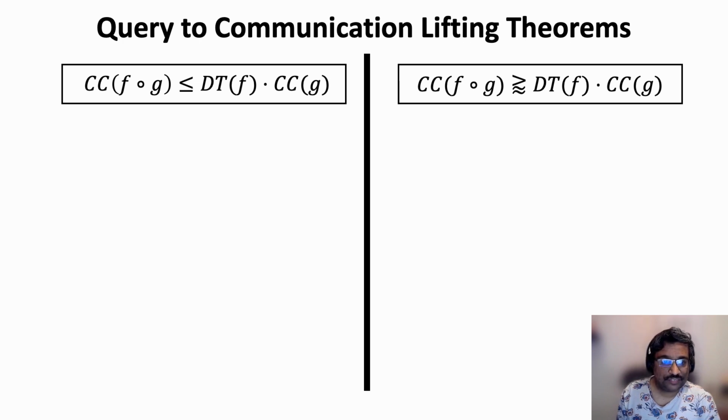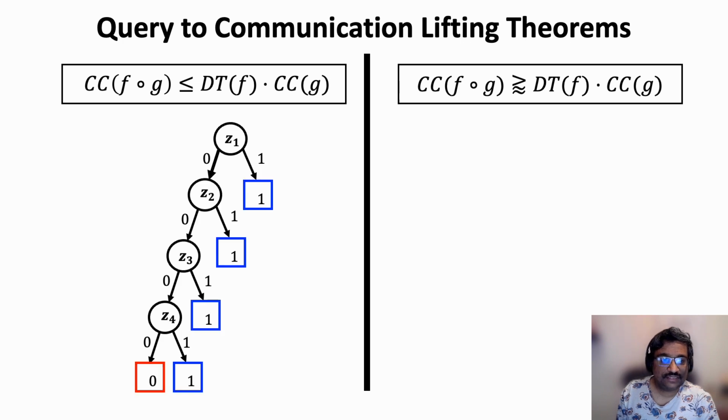In the first step, it shows that the communication complexity of the lifted function f composed G is upper bounded by the decision tree complexity of f times the communication complexity of G. This essentially says that if you have an efficient decision tree computing f, you can turn that into an efficient communication protocol computing f composed G. The idea is fairly straightforward.